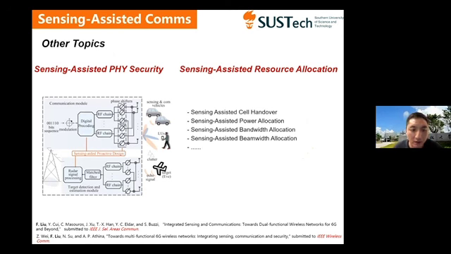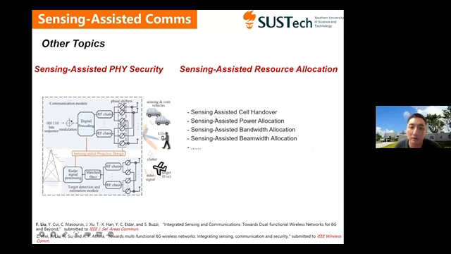In the conventional physical layer security designs, the eavesdropper's channel is very difficult to be known to the base station or transmitter. And with being equipped with this sensing functionality, it can estimate the eavesdropper's channel actively.